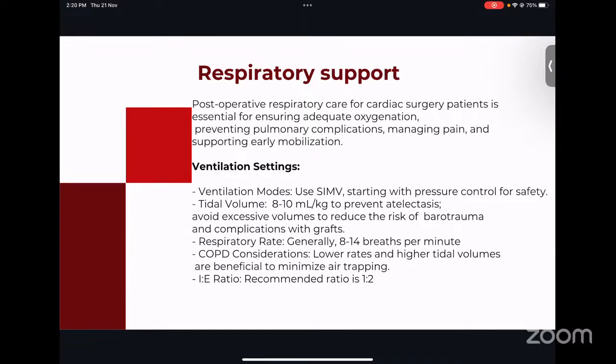Respiratory rate, generally 8 to 14 breaths per minute, is sufficient. In a COPD patient, there are many considerations, but the patient will benefit from lower rates and higher tidal volume to minimize air trapping. Regarding the inhalation-exhalation ratio, the optimal is 1 to 2. The approach is to ensure adequate oxygenation while minimizing the risks associated with mechanical ventilation.